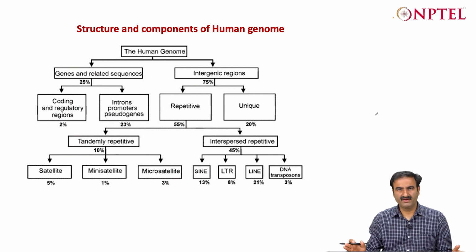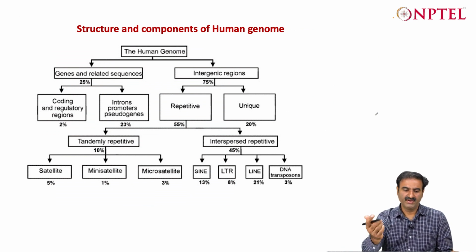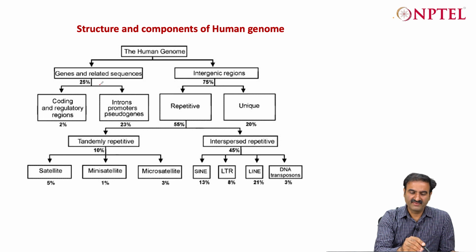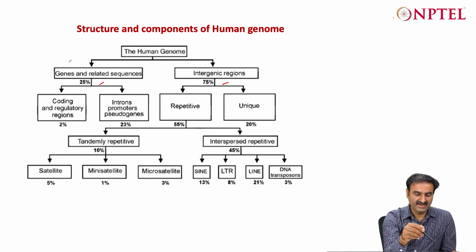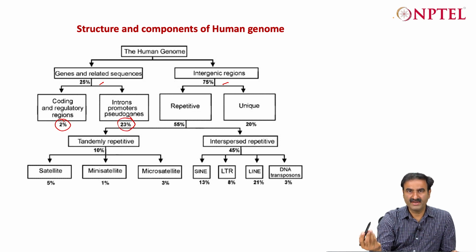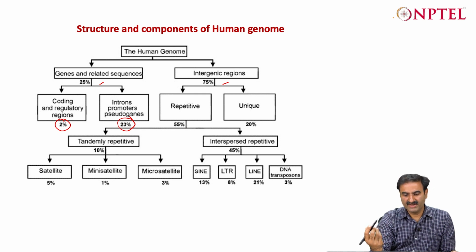For example, in case of the human genome, we now know that 25% is genic and 75% is intergenic, and in this there will be the coding region and the region constituted by introns or pseudogenes or genic non-coding region. Then repeats occupy a lot of the genome. About 20% of the genome is unique, which is non-repetitive, and we do not yet know the function.